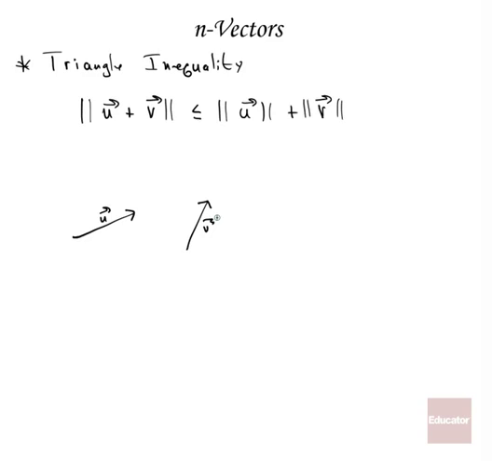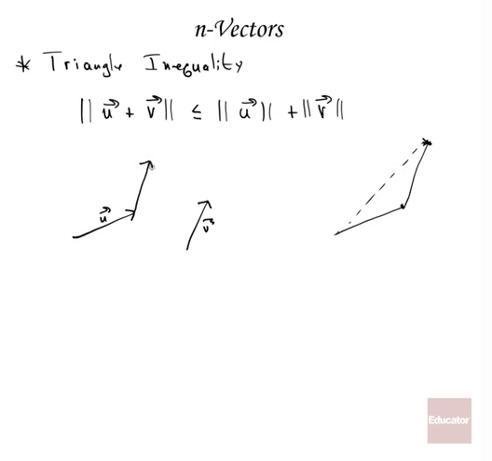Adding vectors means you start with one, and then wherever you end up, you add the other one, you just put it on top of it, and you go to that one. The point where you end up, from your original starting point to your final ending point, that's your vector addition. It just means add them in order. Do u first, then do v. So in this case, let's do u, it's here, and then we'll do v, which is here.